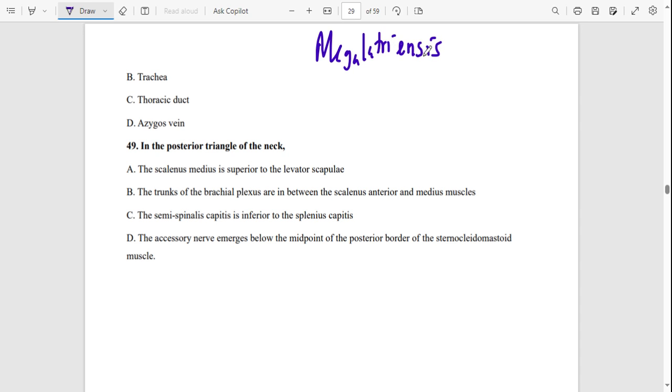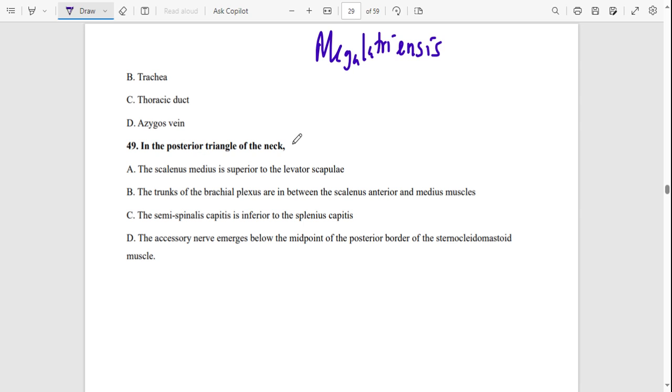That is known as megalocardia, where you have got the left atrium being dilated like that, and then it compresses on the esophagus. When the esophagus is compressed, you are going to have a condition which is known as dysphagia, where you have got difficulty in swallowing food because the esophagus has been compressed.